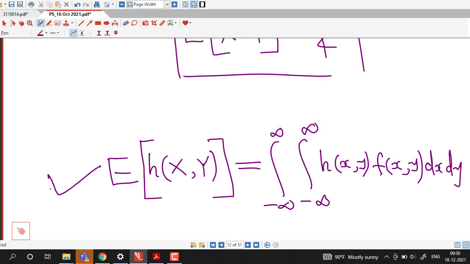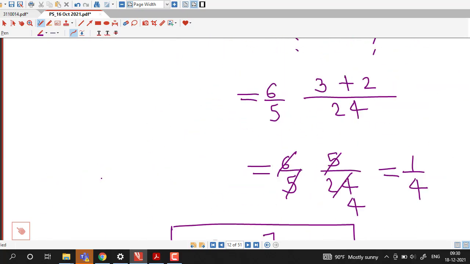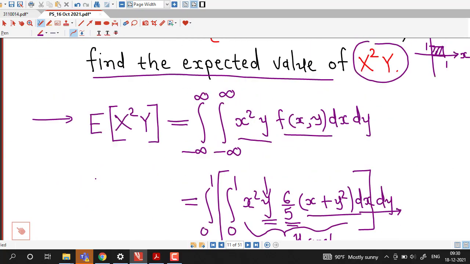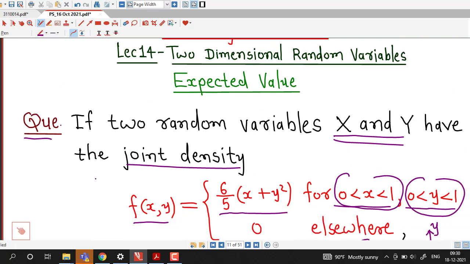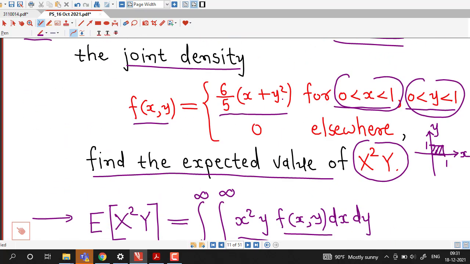We have used this definition to obtain the expected value of x squared y. So this is a very easy question. You just have to remember the definition of the expected value of a two-dimensional random variable.